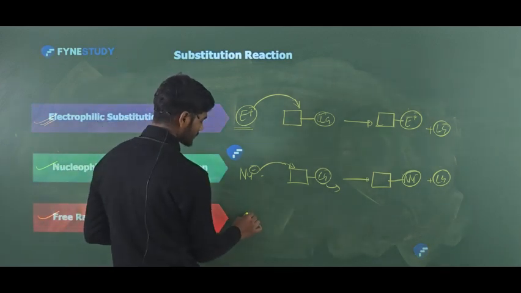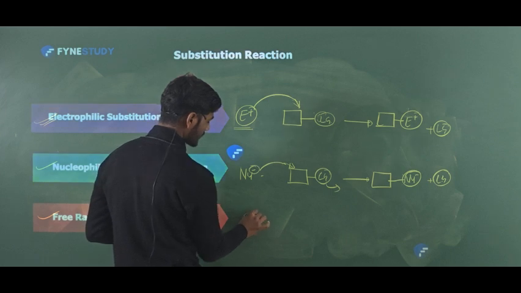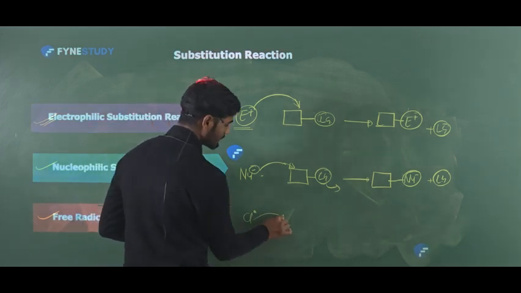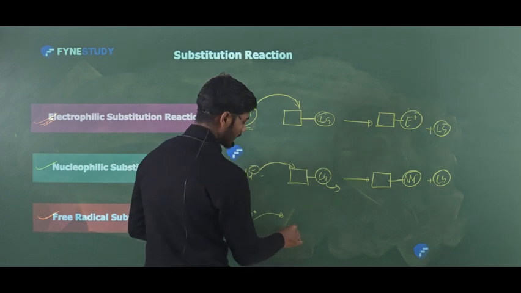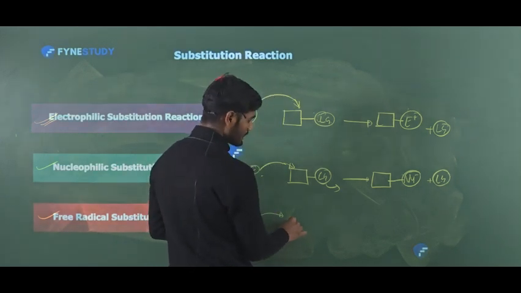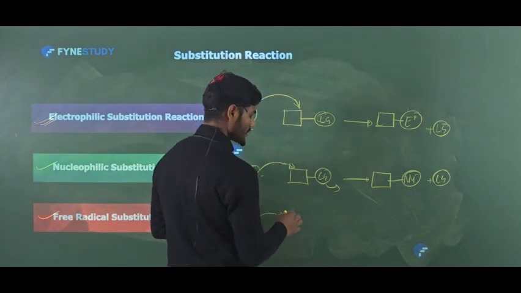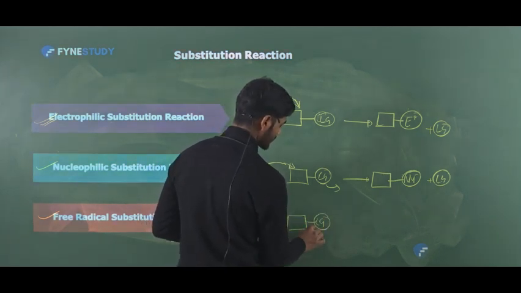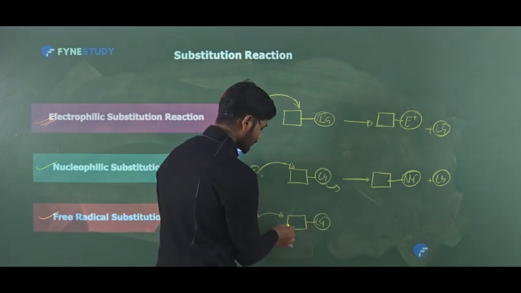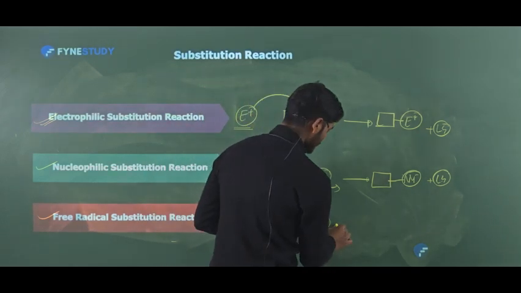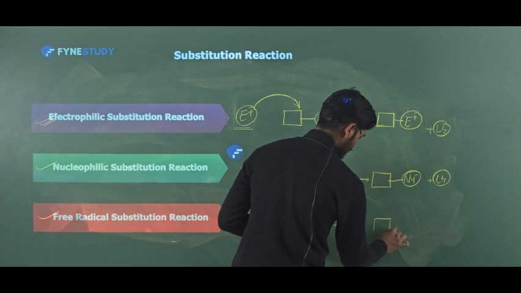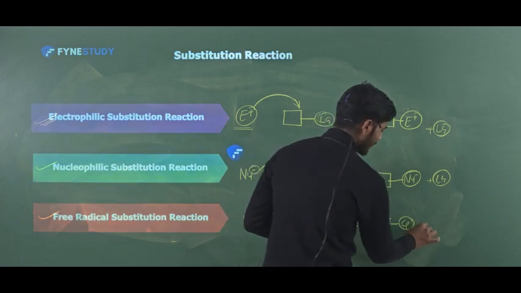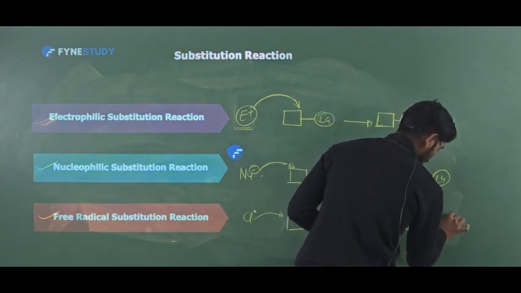Let's say this one is a Cl free radical. The Cl free radical will approach the carbon, so it will give free radicals only, whatever bond breaks there. This one is the leaving group. So this one will approach the compound and form this one with the chlorine, and it will give the leaving group with the free radical.